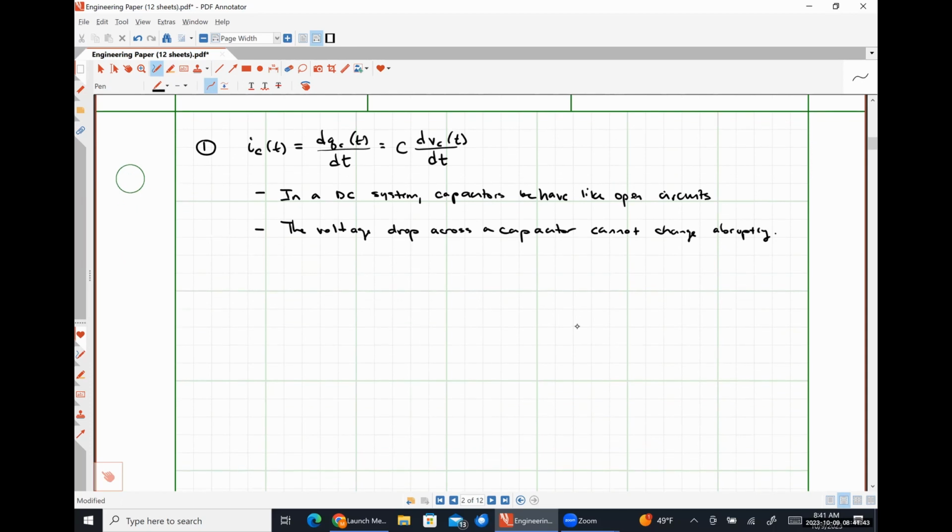But if we had a simple circuit like this. So I have a DC voltage source. Here's some resistance. Here's some capacitance. And here's a short circuit.